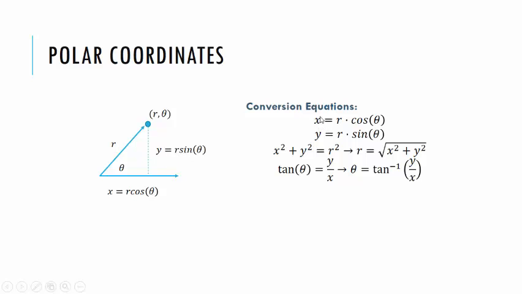Now because of that, we'll actually have some conversion formulas for when we need to change between rectangular coordinates and polar coordinates: x is equal to r cosine of theta, y is equal to r sine of theta, with r and theta here represented by our polar coordinates. If we need to find r from x and y, then r is equal to the square root of x squared plus y squared, using the Pythagorean theorem. So we have this relationship x squared plus y squared equals r squared.